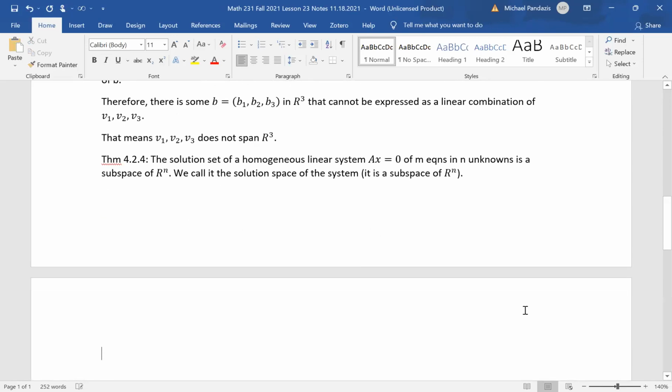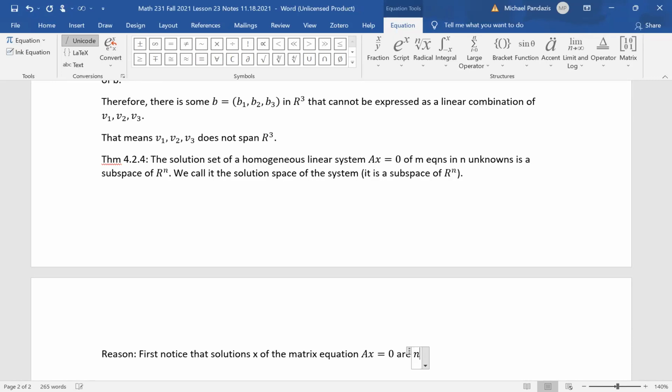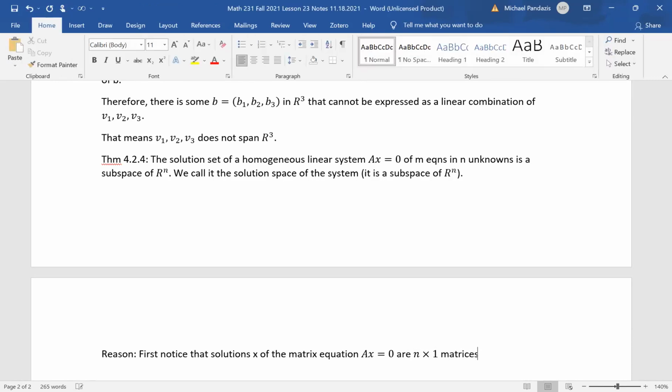Okay, the reason that the solution space of the system is a subspace of Rn is, first, notice that solutions x of the matrix equation Ax = 0 are n by 1 matrices.